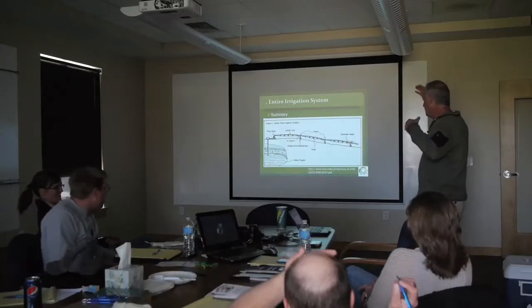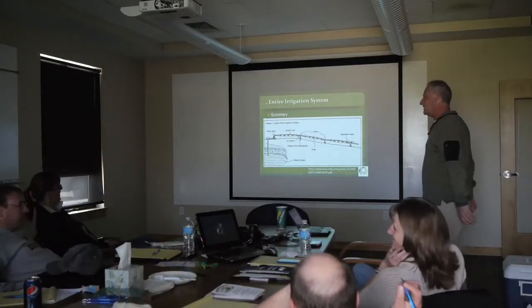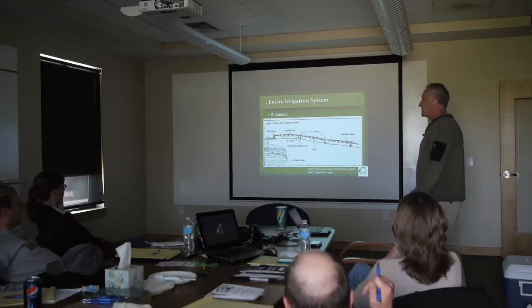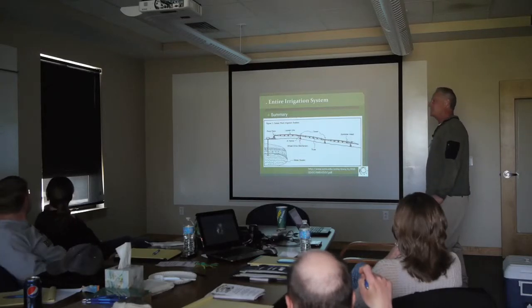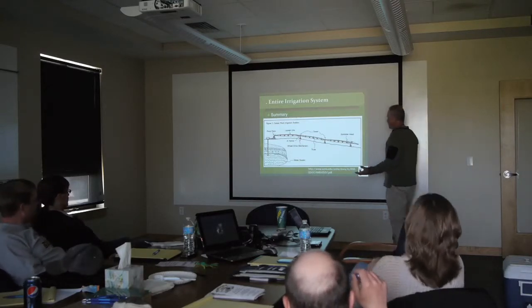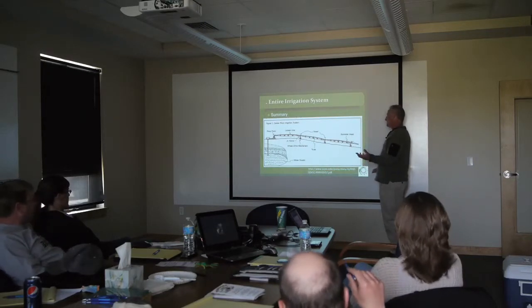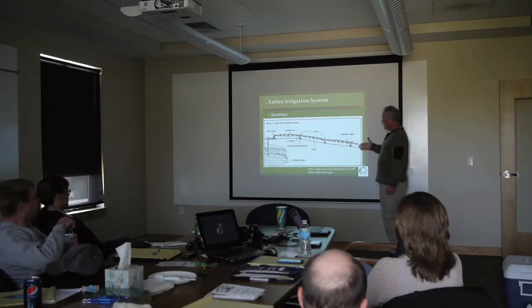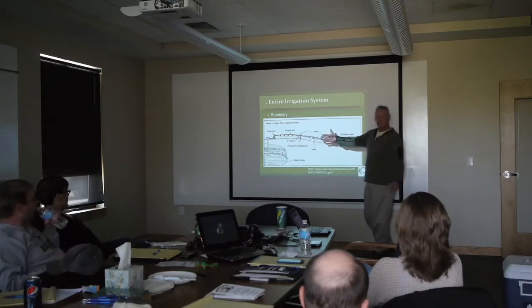So here we are, and as you can see, it's virtually the same as the drawing on the board there. Very similar. One thing that's a little bit different about this is it's got a change in elevation.